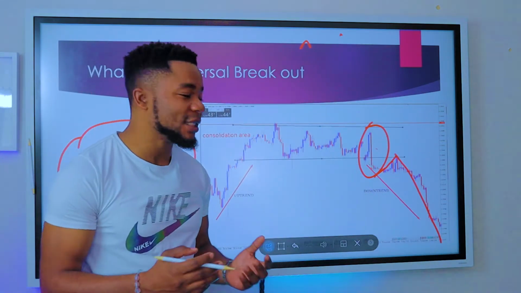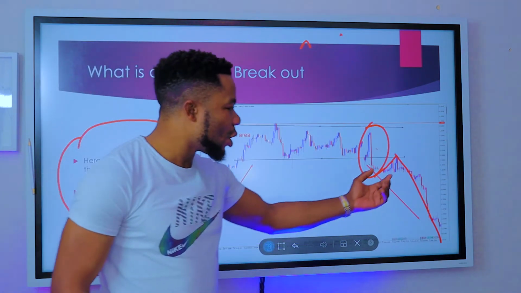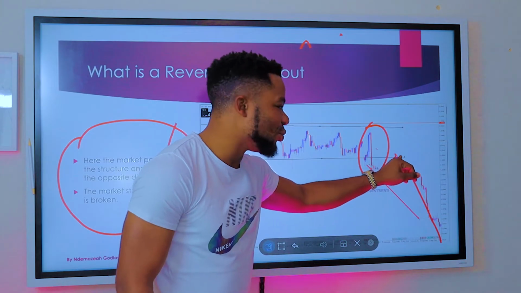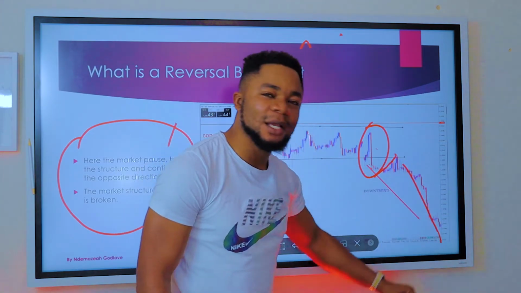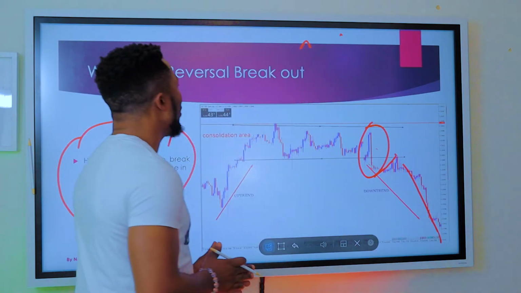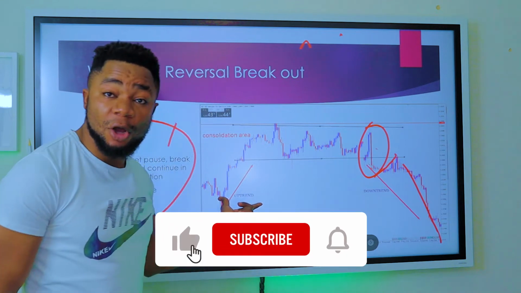Break and retest, the strategy is called the break and retest strategy. So once this line was broken, you would have just waited for the market to pull back here, and then you sell somewhere here. Boom, the market went back down. Now you can see this is an example of what we call a reversal breakout, because the market was originally in an uptrend.